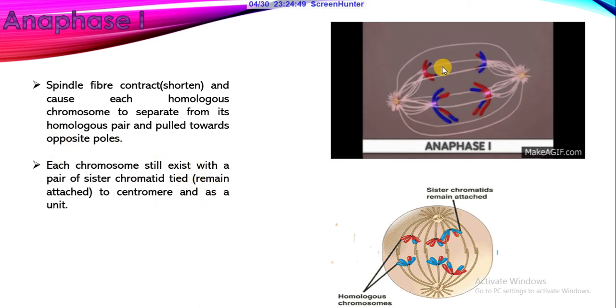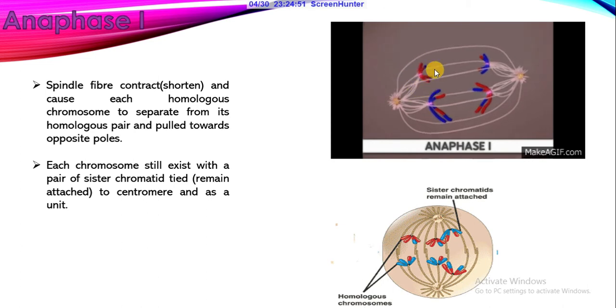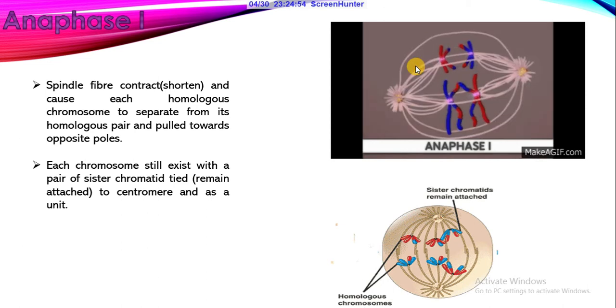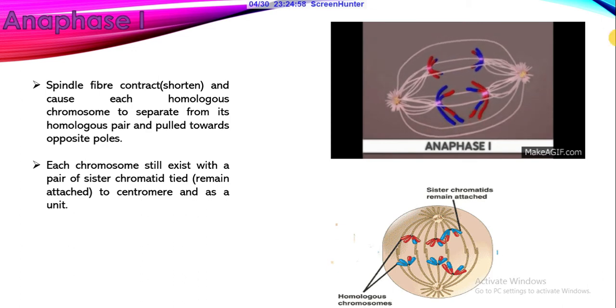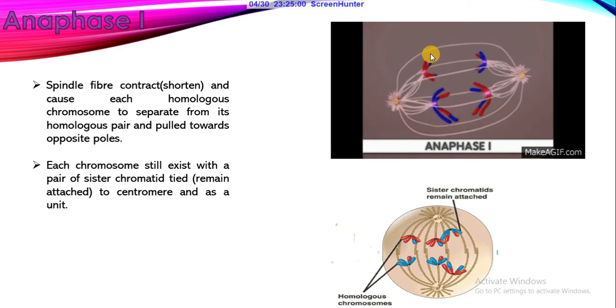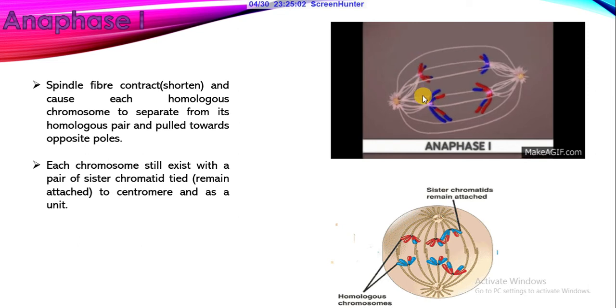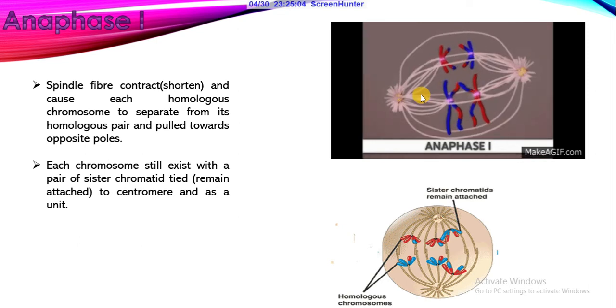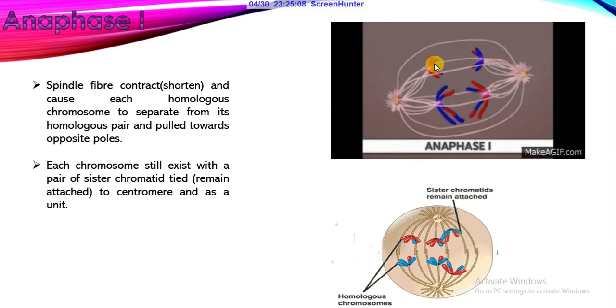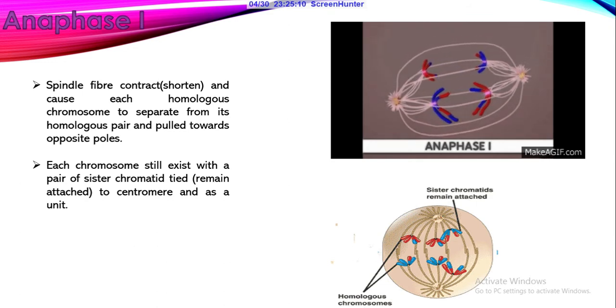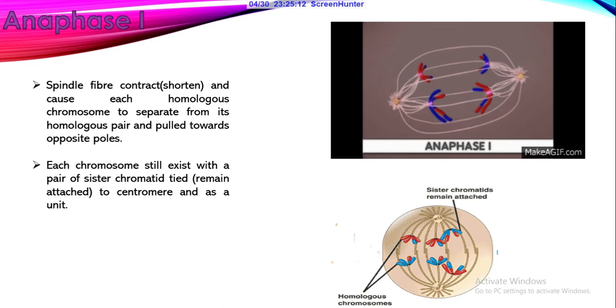Remember, sister chromatid is the two that is in the same chromosome. For example, this chromosome, two legs is the sister chromatid, and it's still attached at the centromere. The centromere is not split up because only one centromere has been attached to spindle fiber.